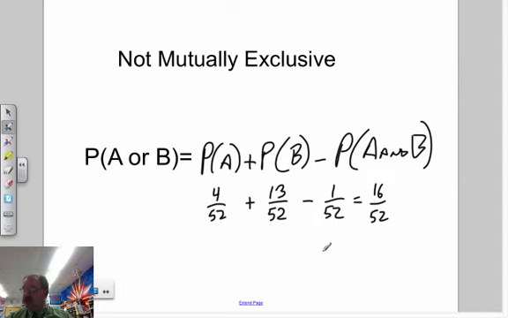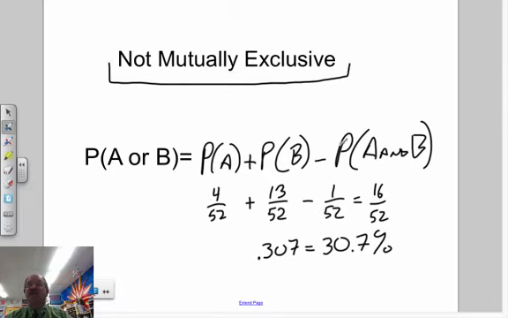Change it to a decimal, which is 0.307, which is 30.7% chance. Okay, so if they're not mutually exclusive, meaning that there's an overlap between the two things that are happening, then we've got to subtract away that overlap.